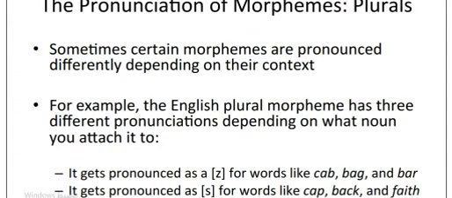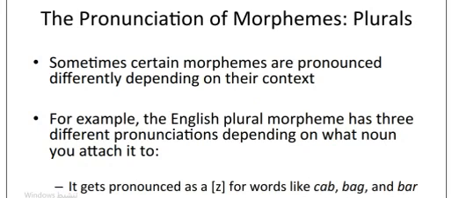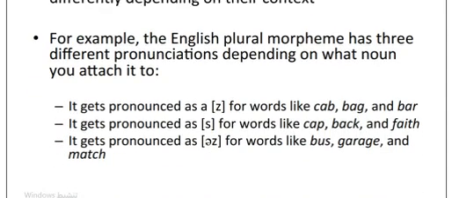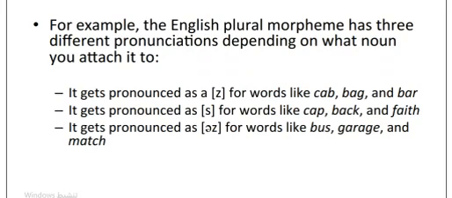And we need to continue here: pronunciation of morphemes, plurals. When we talk about plurals, sometimes certain morphemes are pronounced differently depending on their context. We recognized this in Grammar 1 and Grammar 2 when we described the three endings. When we add plural to these words, it can be pronounced as z, s or iz. So if we say bag, it will be bags, and we add z at the end for plural.